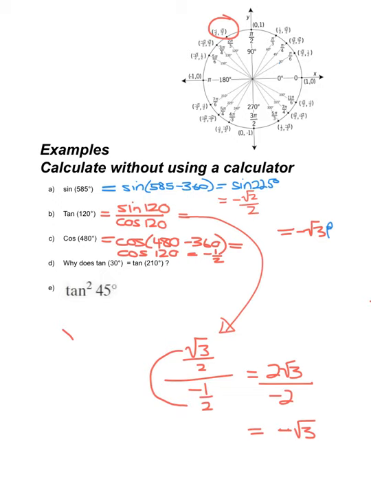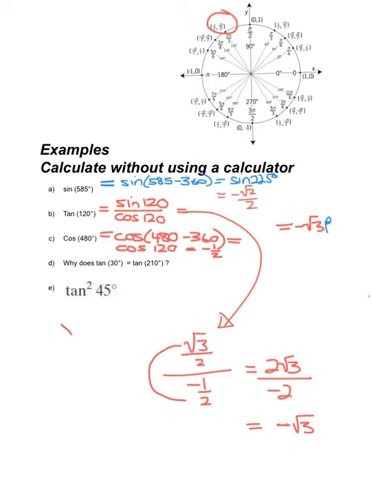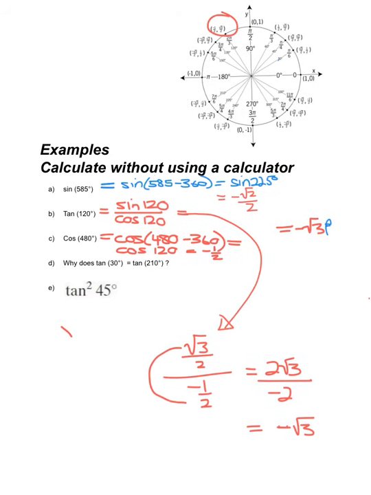Why does tan of 30 equal tan of 210? Interesting question. If we compare it to tan of 210, you'll notice they're on the same line. Okay, so they are actually on the same line, and therefore they have the same slope, and therefore the same tan value.